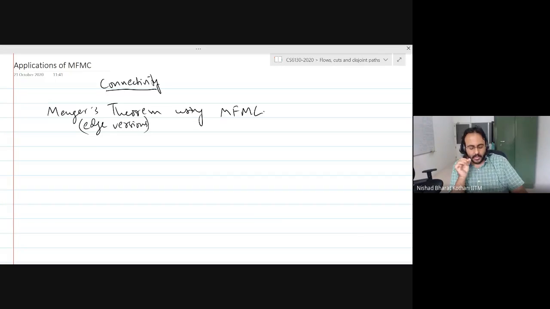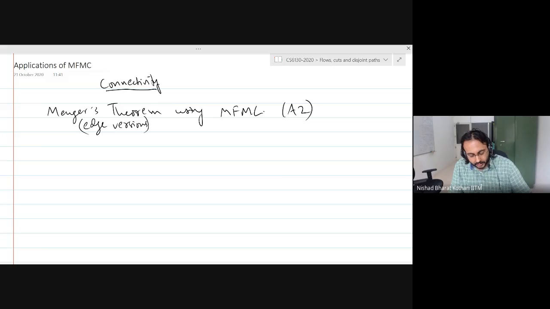Just to remind you, the local edge version says that between two vertices S and T, the maximum number of pairwise edge disjoint S-T paths is equal to the minimum cardinality of any S-T cut. Okay? And so that can be proved using max flow min cut, and you will be doing this on your assignment too.